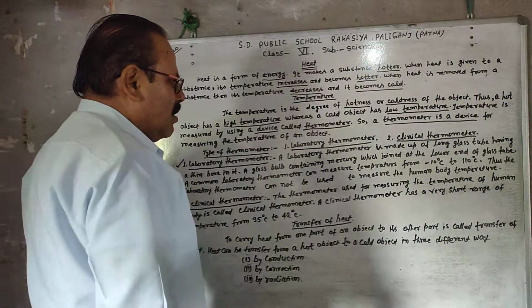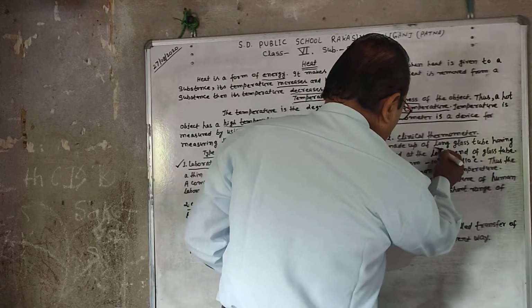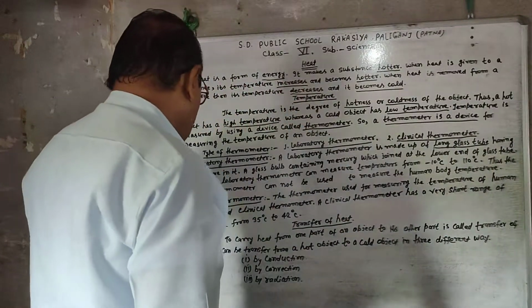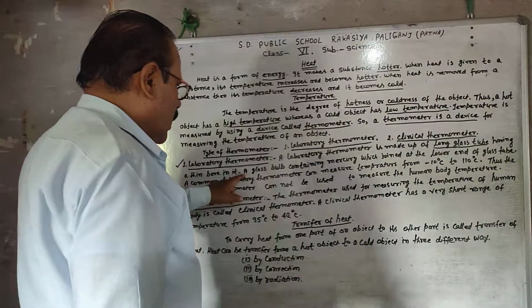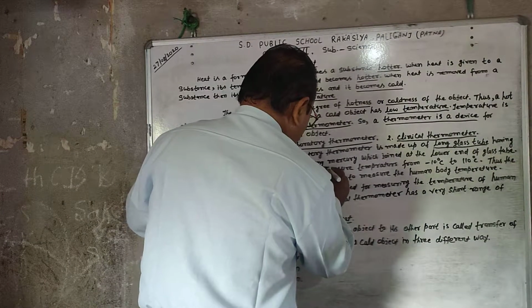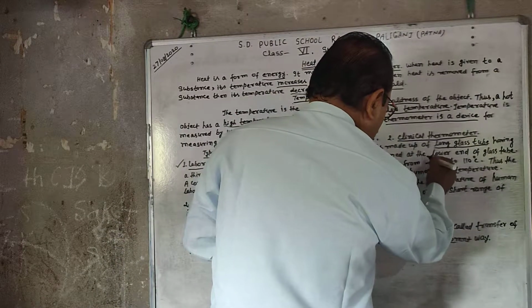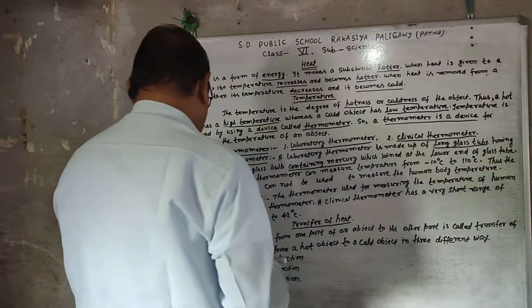A laboratory thermometer is made up of a long glass tube having a thin bore in it. A glass bulb containing mercury joins at the lower end of the glass tube.